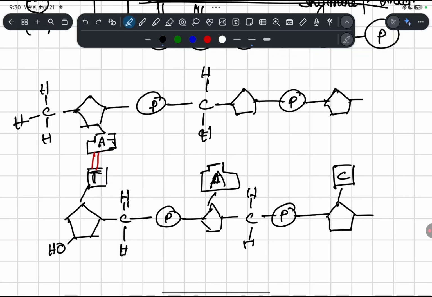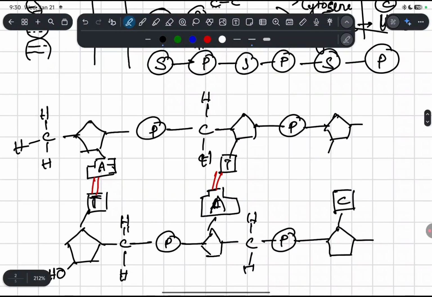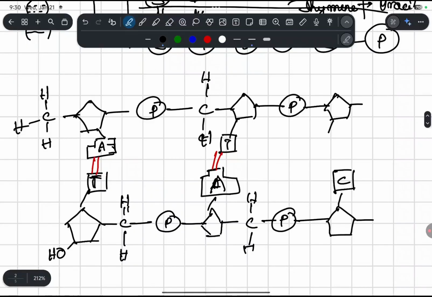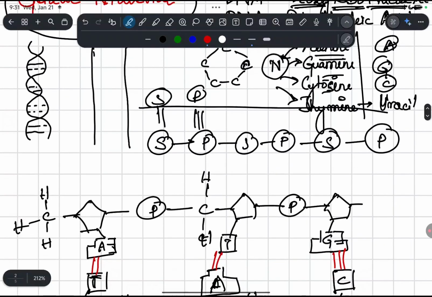And here there is adenine, so of course here we'll have a thymine. Again these two will be connected through a double bond. Here we have cytosine, right? So cytosine will make a triple bond with what? With guanine. So we have a G over here, and we'll have a triple bond. These are hydrogen bonds which are represented over here, right?